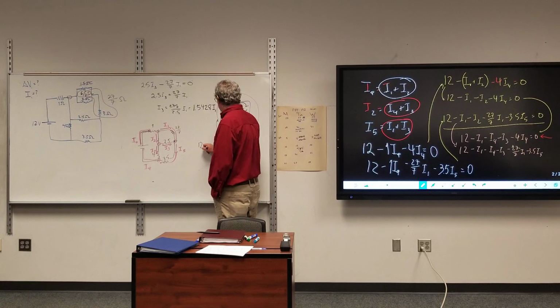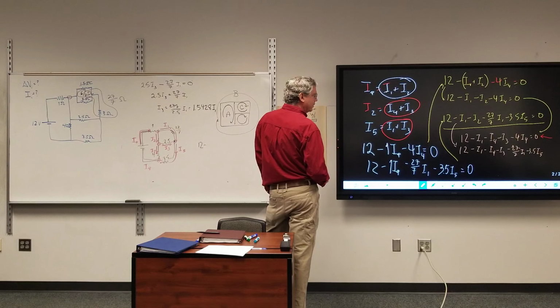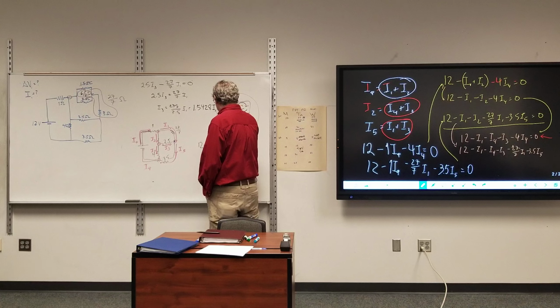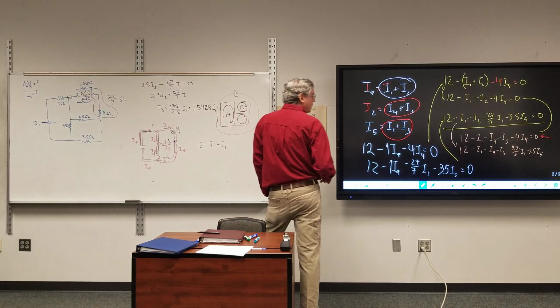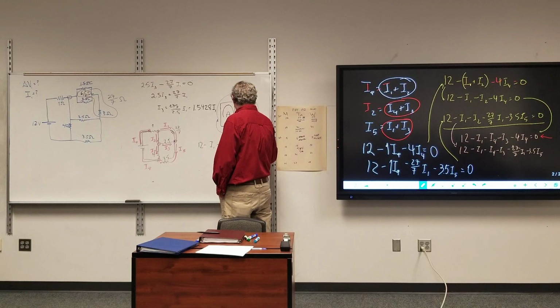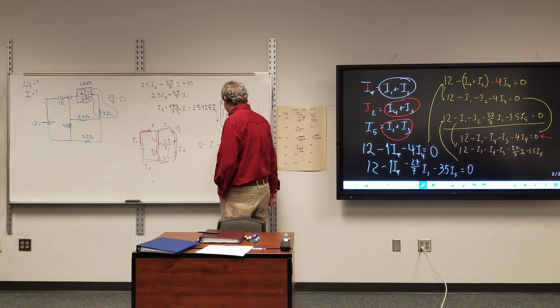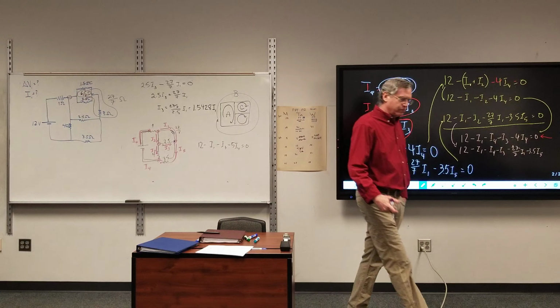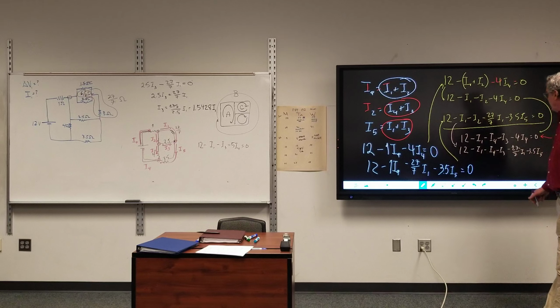So 12 minus, let's simplify it a little bit. I got minus I1, minus I3, minus 5I4 equals 0. Just combine the I4s. I got my second equation.